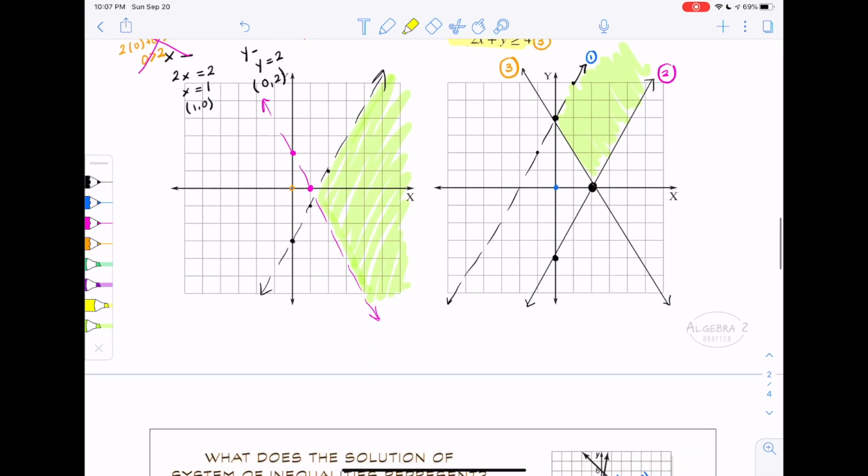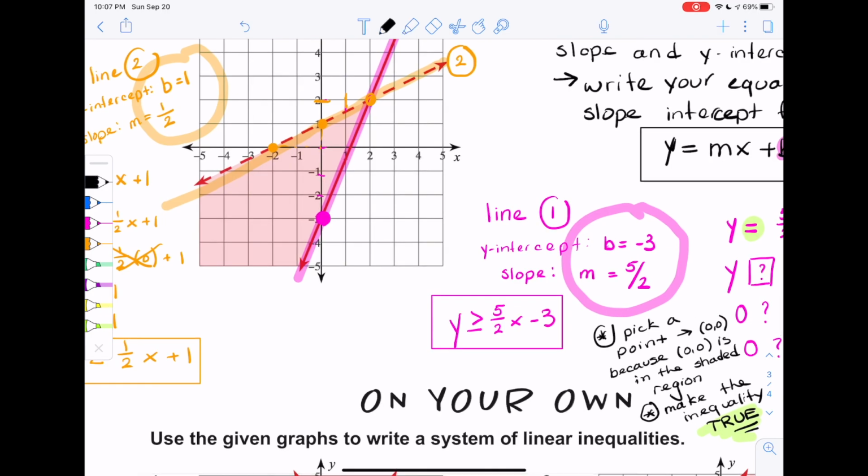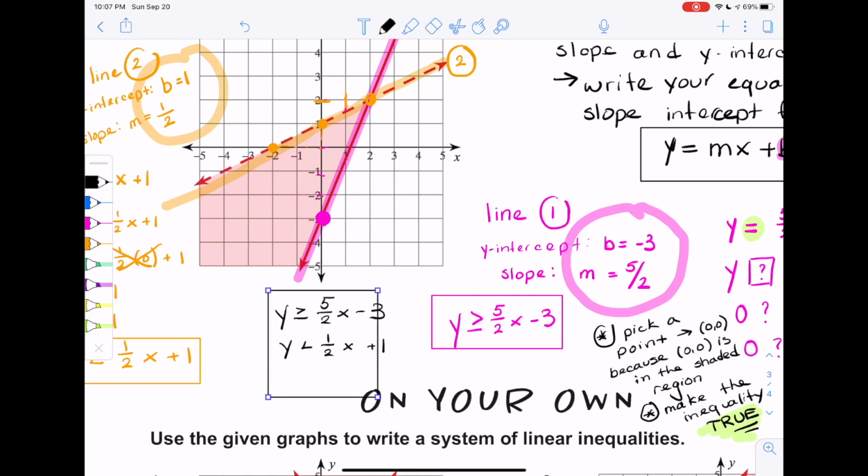So let's do the same thing for the one we just wrote. We're just going to take the two inequalities we wrote and list them directly in a list. y is greater than or equal to 5 over 2 x minus 3, and y is less than 1/2 x plus 1. And this is going to be how we write our final answer.